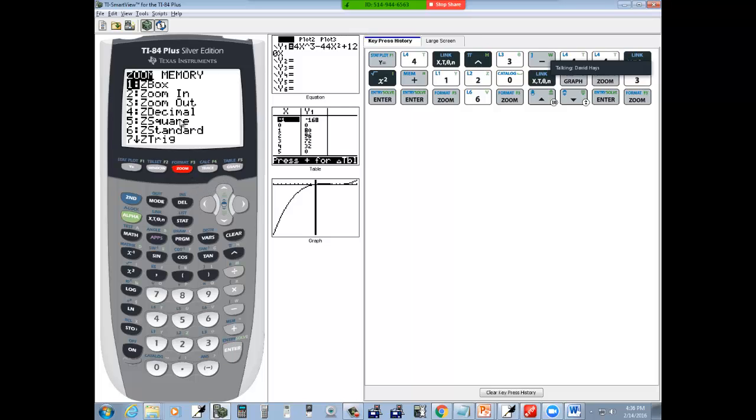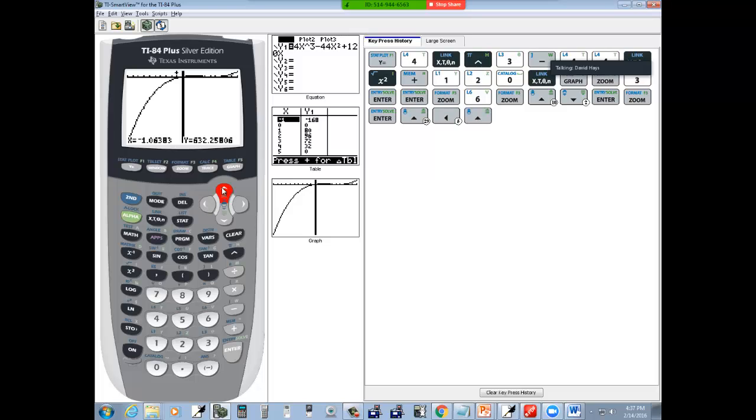Now if I do a zoom and I choose zoom box, the first one, and then I do an up arrow, it's down there pretty good. And left arrow, you eventually see a little plus, and I'll do an enter right there. You have to go up a little bit more.